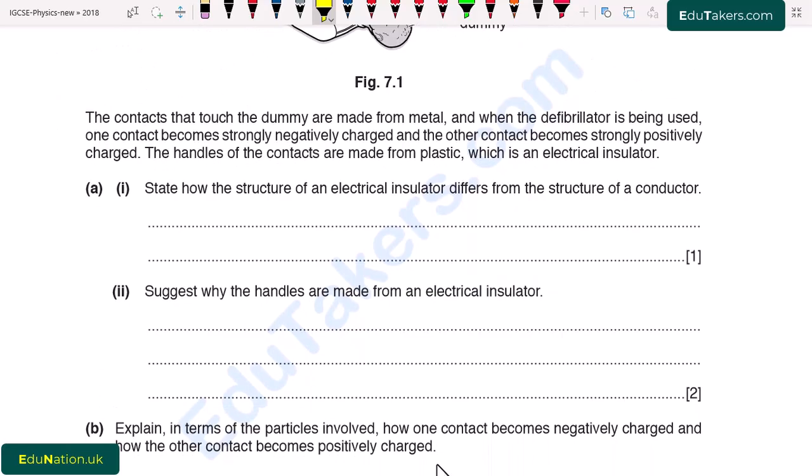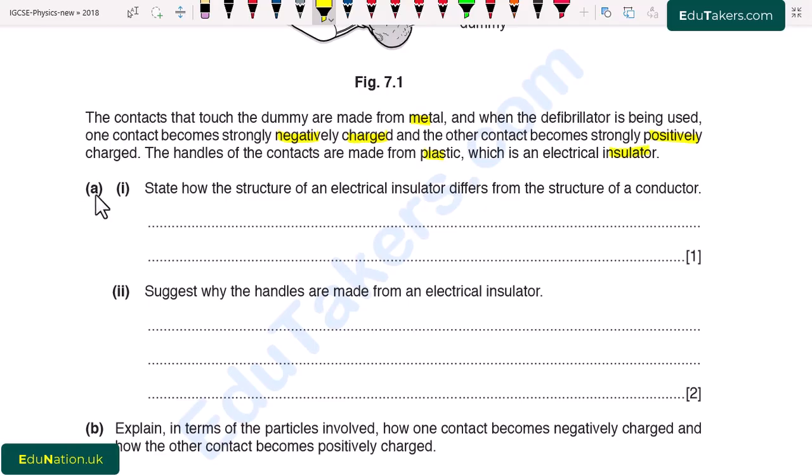The contacts that touch the dummy are made from metal, and when the defibrillator is being used, one contact becomes strongly negatively charged and the other contact becomes strongly positively charged. The handles of the contacts are made from plastic, which is an electrical insulator.